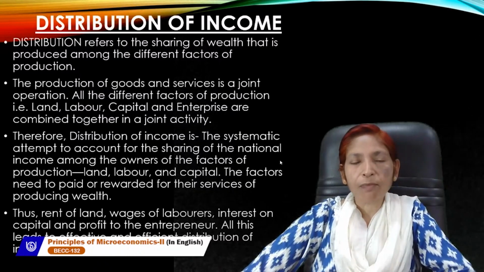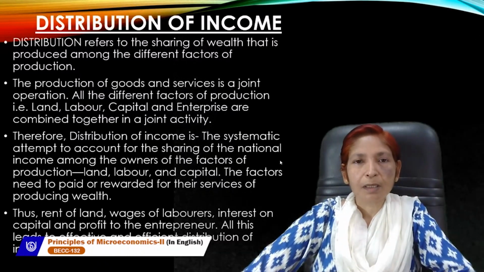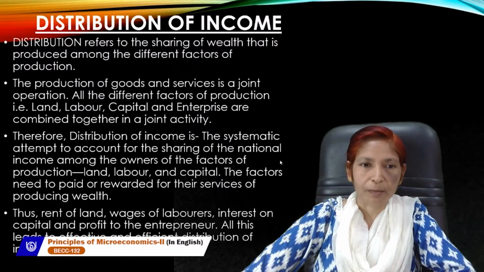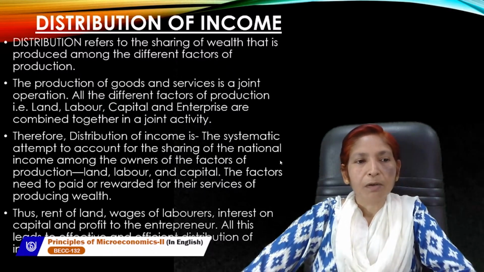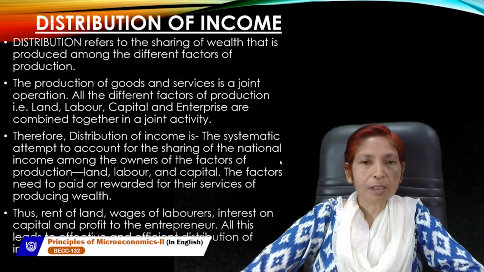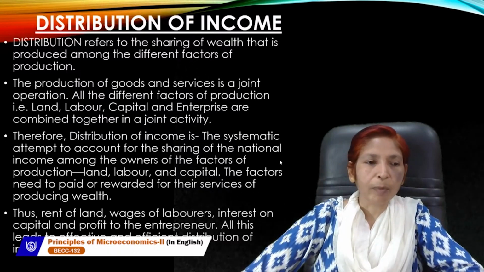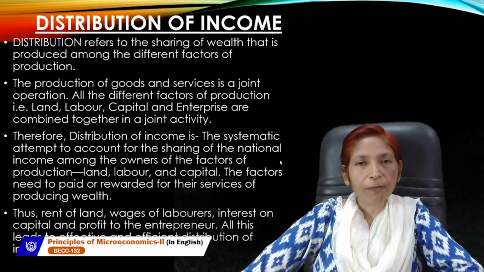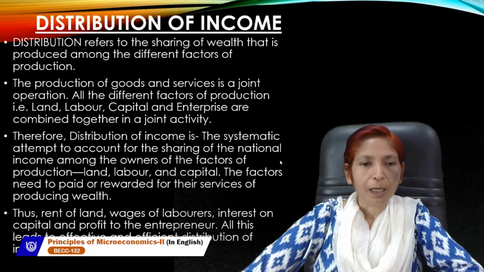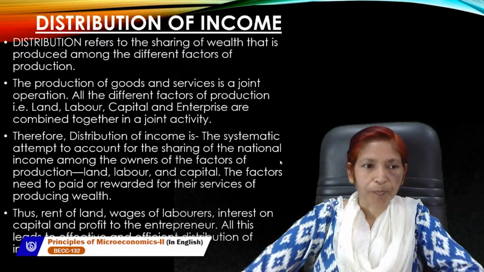The production of goods and services is a joint operation. It means we use all these factors of production for producing any commodity. All the different factors of production, for example, land, labor, capital, entrepreneur, are combined together in a joint activity.